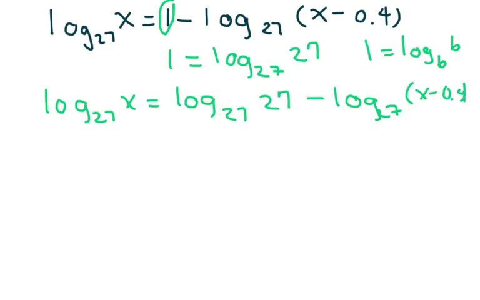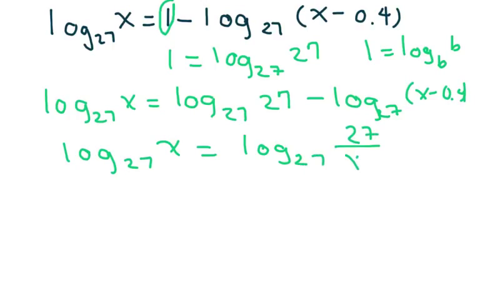I'm going to make the right side into a single logarithm. And then I cancel that out and I solve for x. So what I'm going to do is cross multiply here. Let me just write it out.